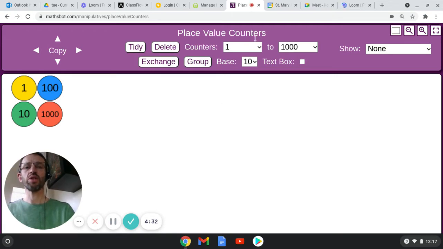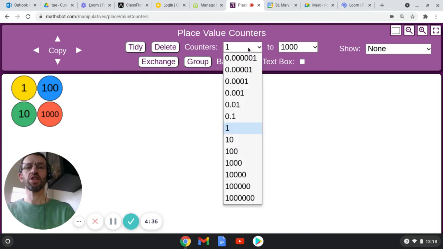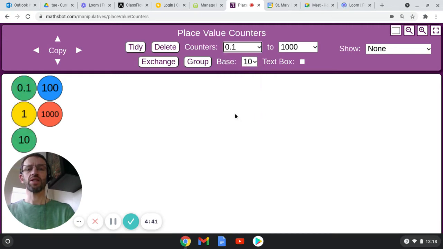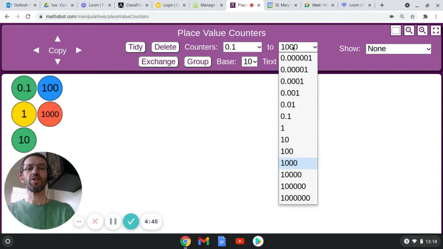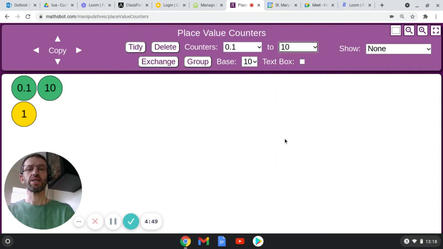So what you need to do is go to this one where it says counters at the top here that's flashing, and I think we can go down to tenths, which is 0.1, and the big number on the other end of the scale, we only need to go to 10 at the most.